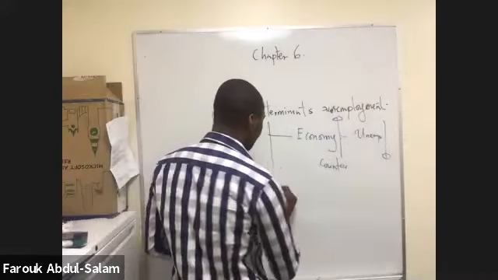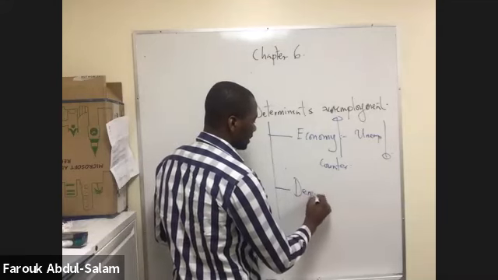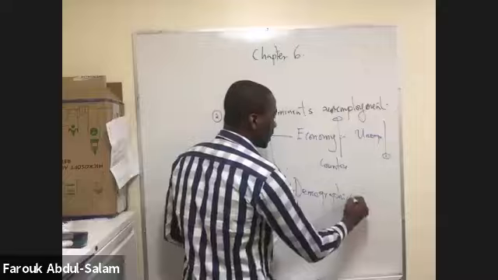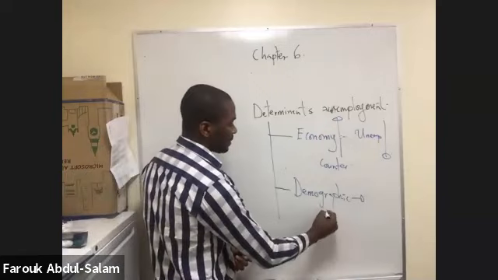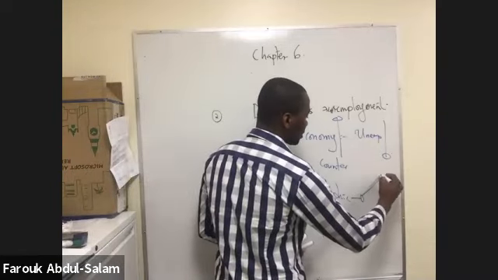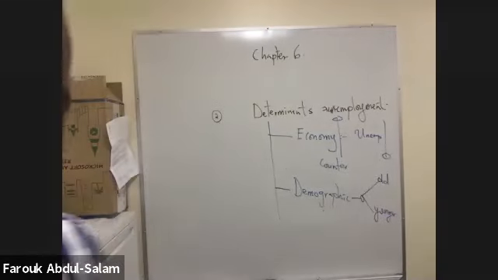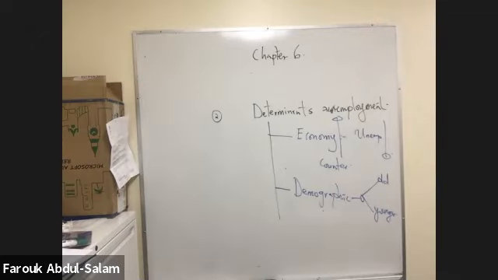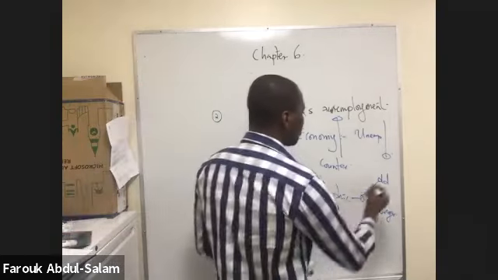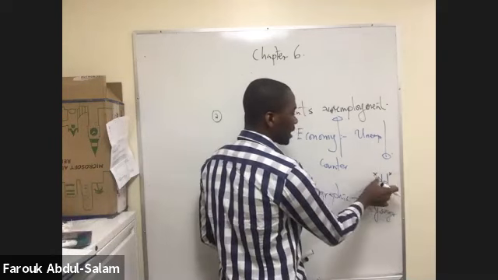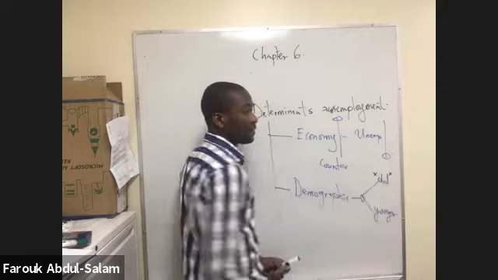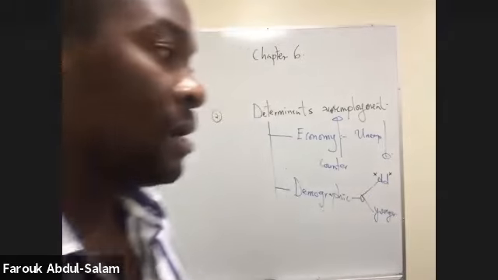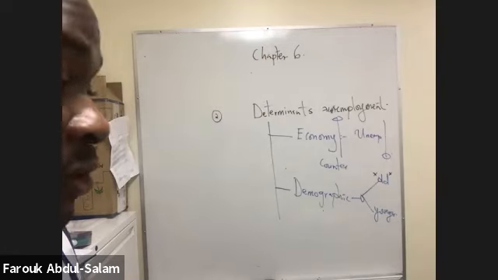Now, the second part of the determinants of unemployment is demographics. That is to say, what are the ages of the individuals in the market? It might be the case that you have an older generation or you have a younger generation. If I'm very old and I'm around 60 years and I'm working for a particular firm, chances are that I don't want to leave. I would like to stay with that particular firm because when I leave that firm and I go look for a job elsewhere, my chances of getting employment are going to be very slim.